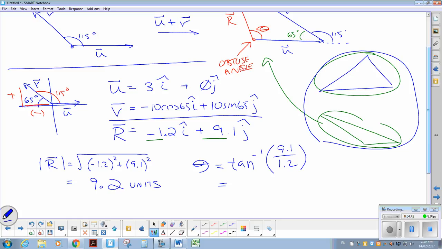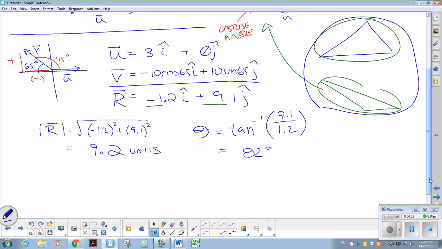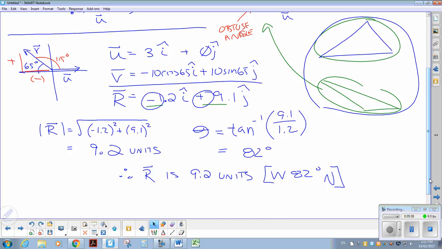So tan inverse of 9.1 divided by 1.2. We get an answer of 82 degrees. So therefore, for this particular question, the resultant is 9.2 units. And the direction, it's a negative, so I'm heading west. 82 degrees, it's a positive, so it's heading north. So that should be the correct answer with that.